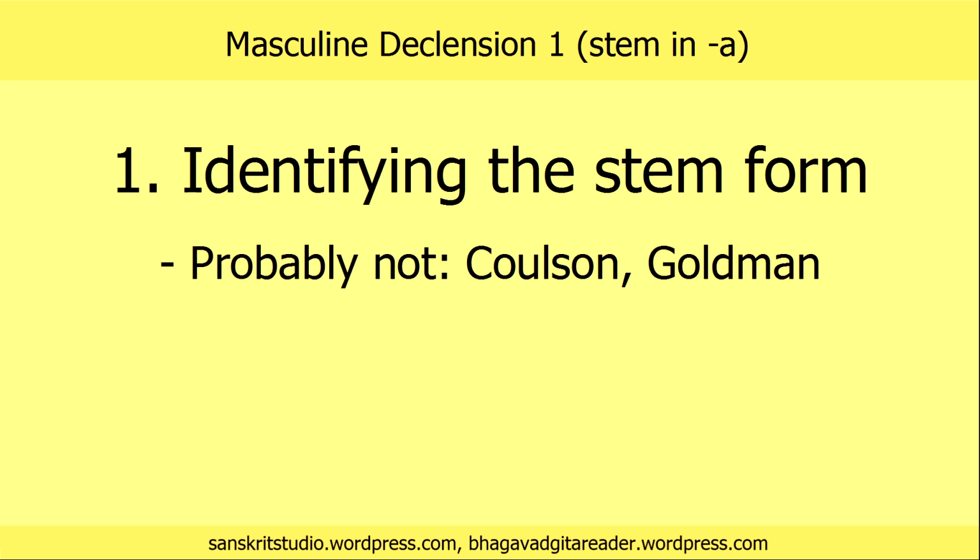So what to do then? Another thing I forgot: not only is the problem in Goldman and Coulson. When I'm talking about Coulson and Goldman, I mean Coulson's Teach Yourself Sanskrit book and Goldman's Devavani Pravesika Sanskrit textbook.